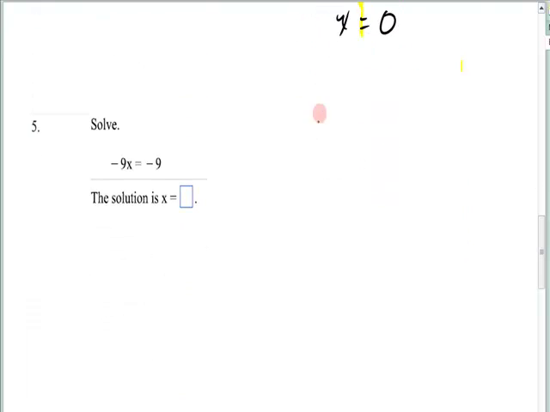Number 5. -9x is equal to -9. I look at the equation. The unknown, the variable, the letter is right here. It's an x. What's going on with it? -9 is getting multiplied by it. So you will do the inverse of that, which is divide. You're dividing by -9, and you do it to both sides.